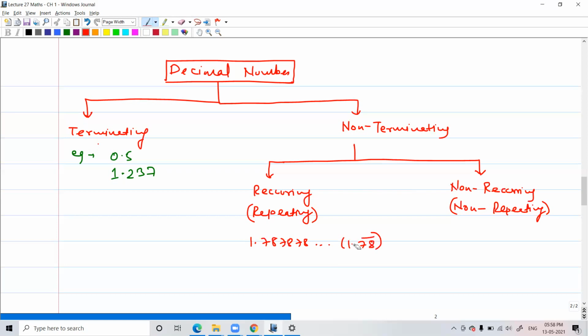Okay. More examples? 5.108, then 108 goes on, dot and bar, sir. So this is also an example of a recurring non-terminating decimal.